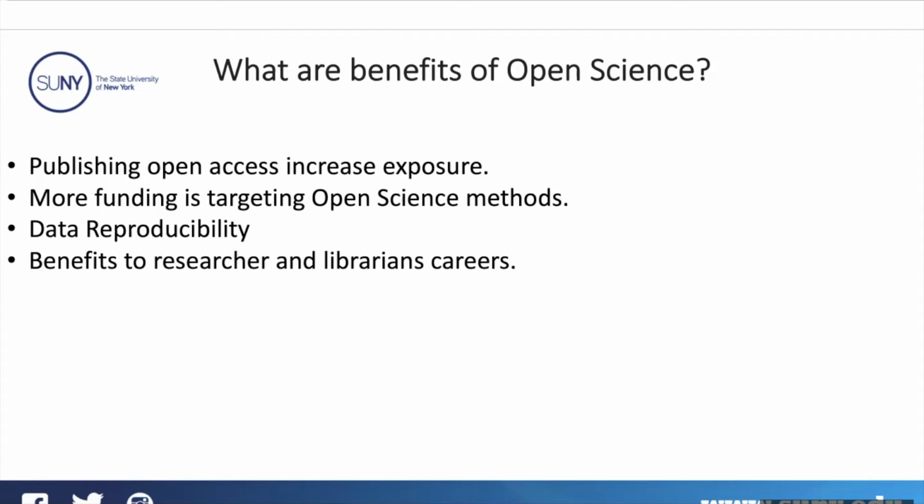Publishing in open access journals does result in more citations, causing other authors to cite more papers because they do not need to pay to have access to them, to read them. In addition, open publications get a lot more media coverage.